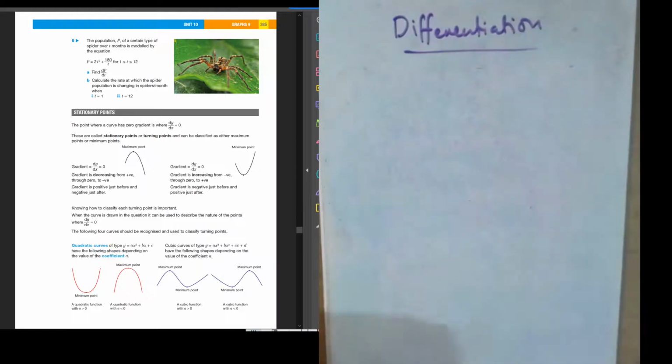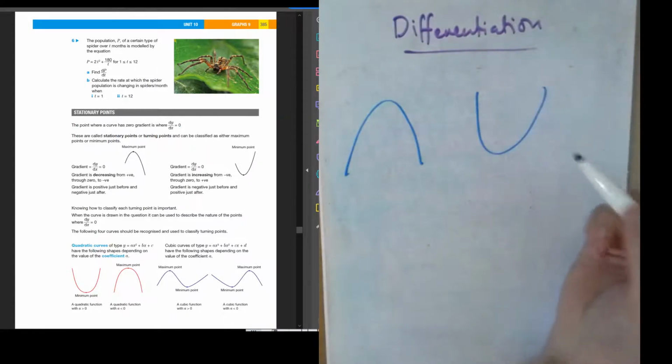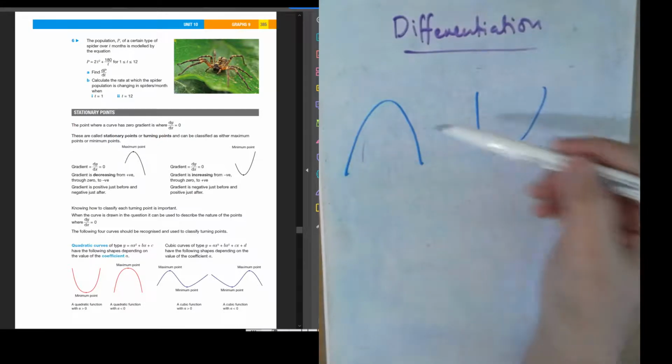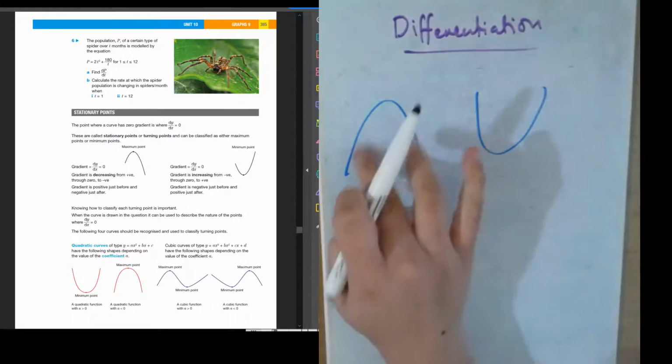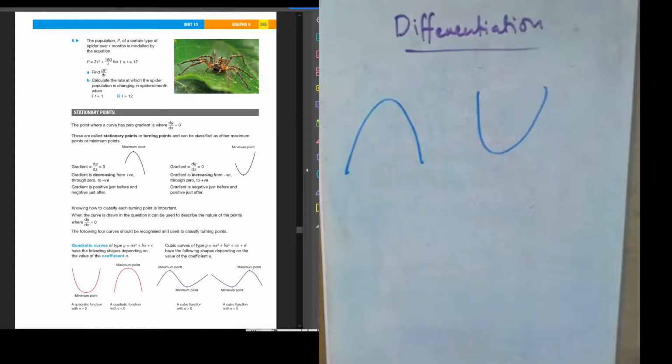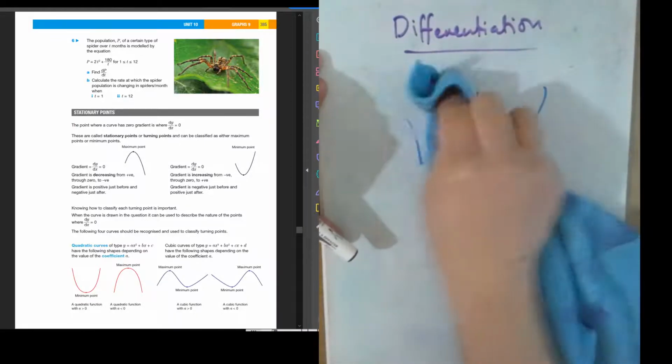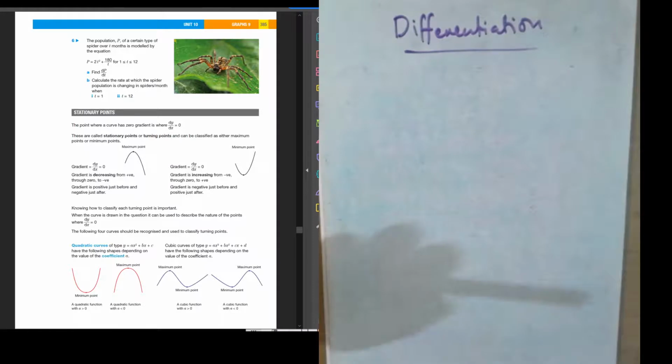So a maximum point is just where you get this kind of thing, and a minimum point is just where you get that, because that's the maximum, that's the minimum. It's one of those times where you can just go, that was so obvious, because it is. Okay, so you've got those, and they're asking you to be able to recognize cubic functions as well.